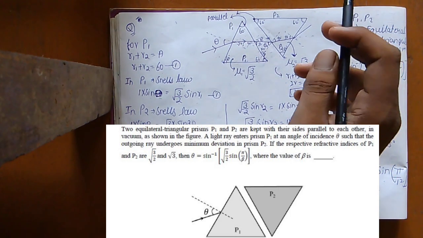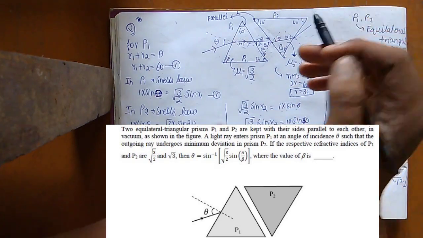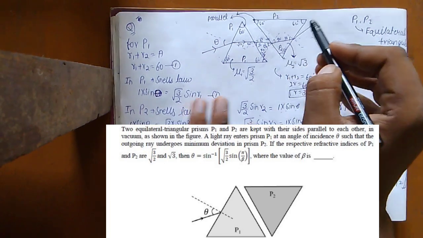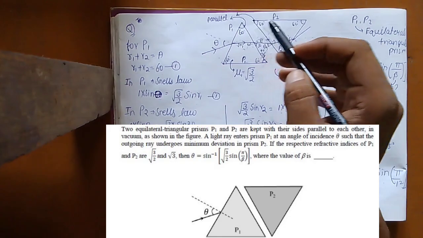And in the question we have been asked what θ should be, so that this ray shows minimum deviation at prism P2. So we have to find that θ.